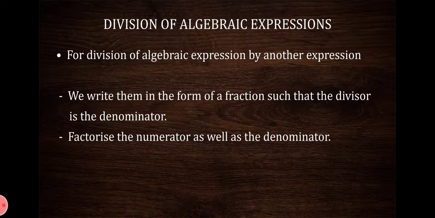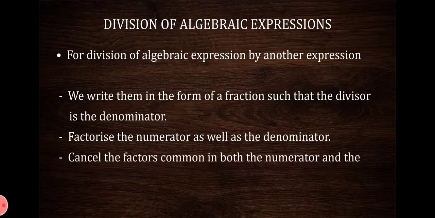After that, factorize the numerator as well as the denominator. We can apply any method, that is the method of common factor, method of regrouping, or method of using any identity. Using that, we will factorize them separately.